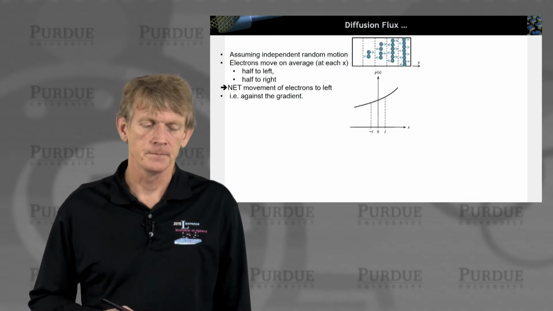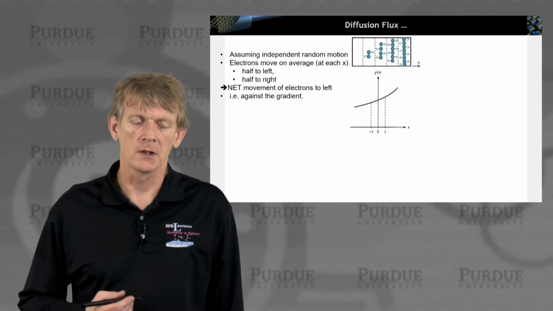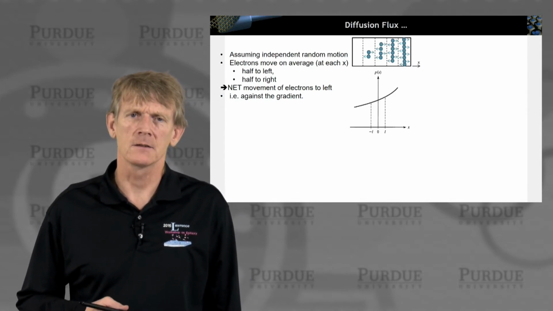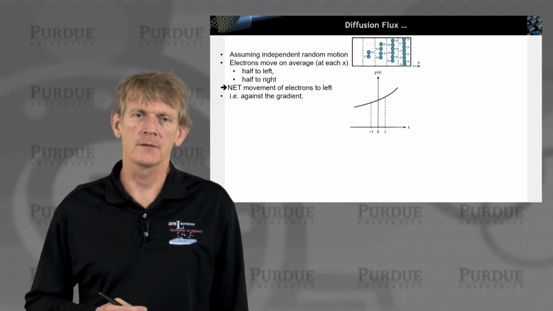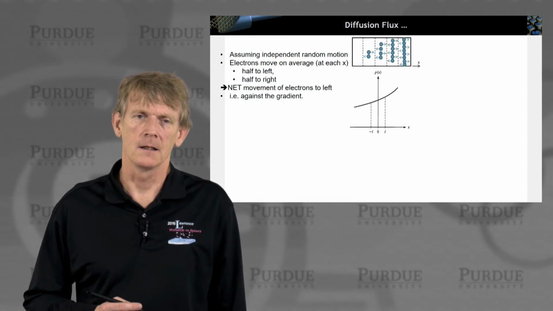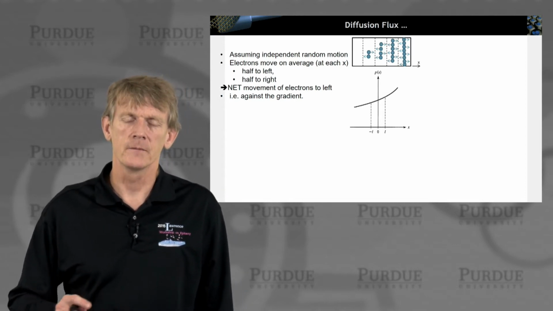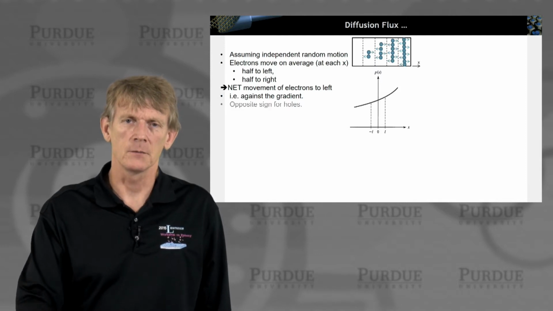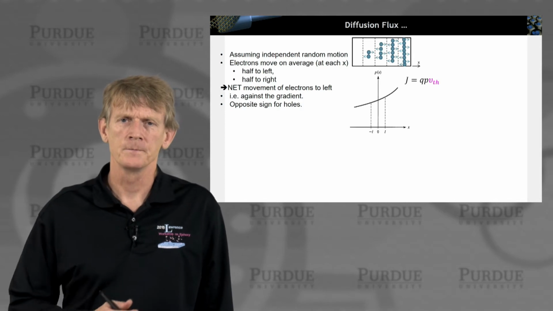In general, the electrons, on average, the net movement will be to the left. They will move against the gradient. So basically, they diffuse away from the higher electron density to even out the electron density distribution. Okay, the opposite sign we would use for holes.